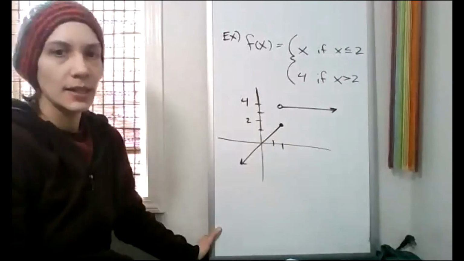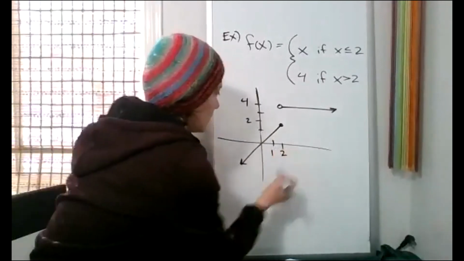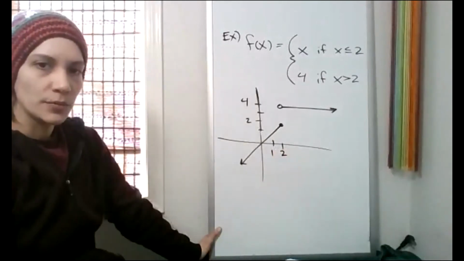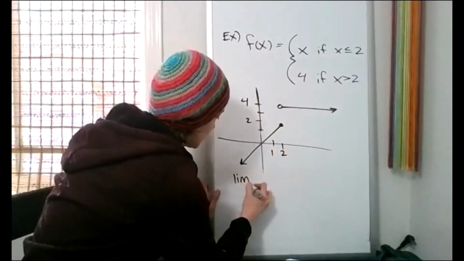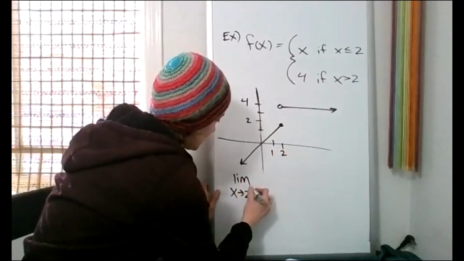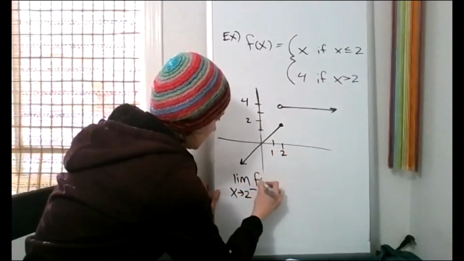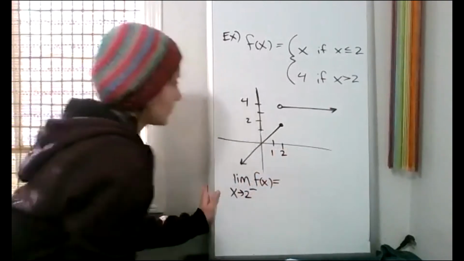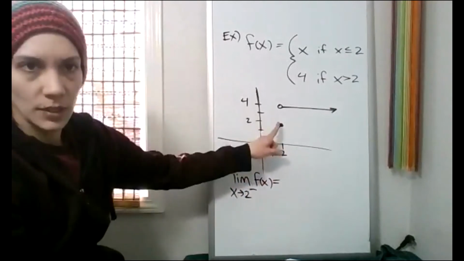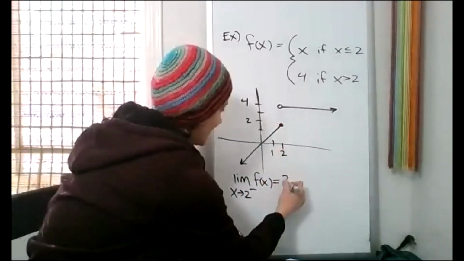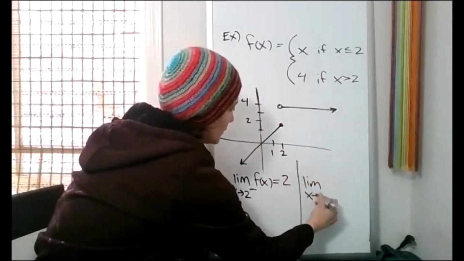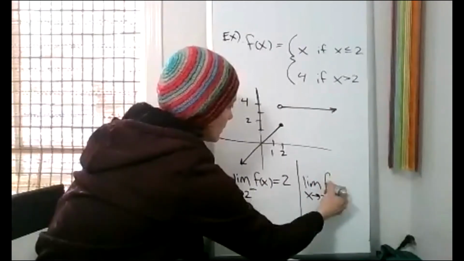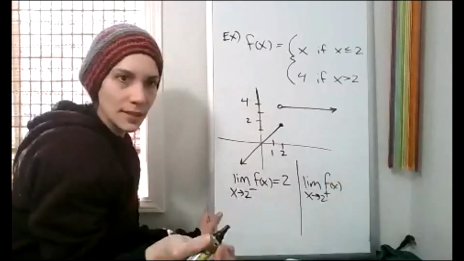Okay, so the limit as x goes to 2 from the left will be 2. Nice. Limit as x goes to 2 from the right is 4.